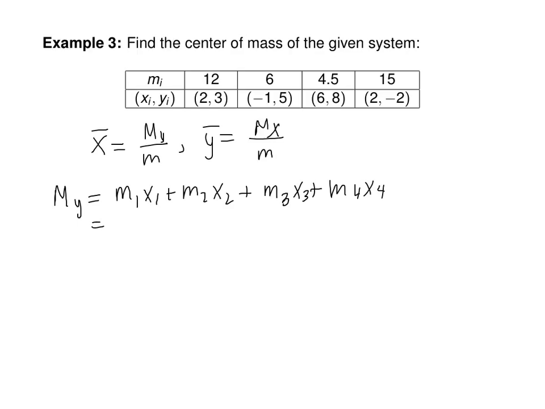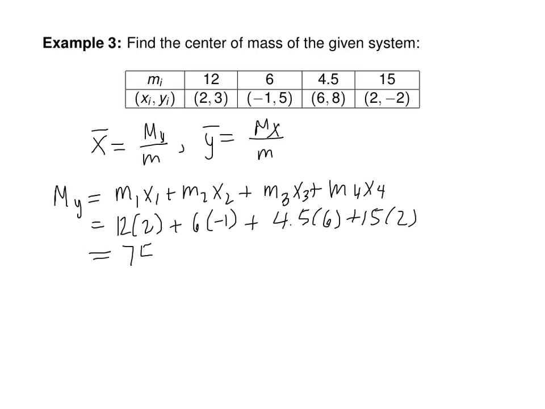So the mass of the first point is 12, has an x-coordinate of 2, plus 6 times -1, plus 4.5 times 6, plus 15 times 2, which equals 75.